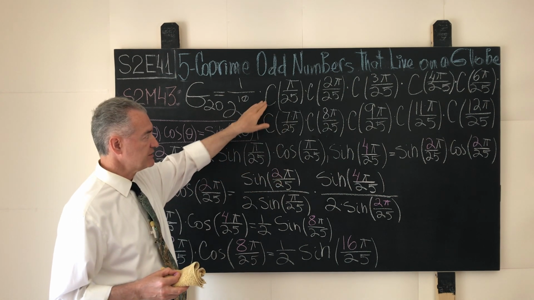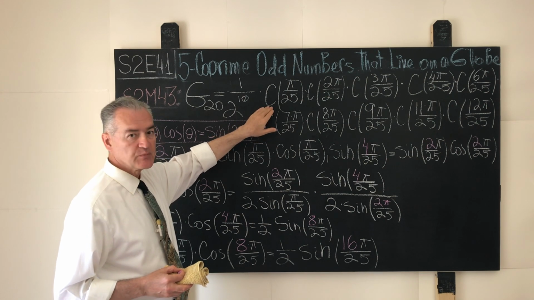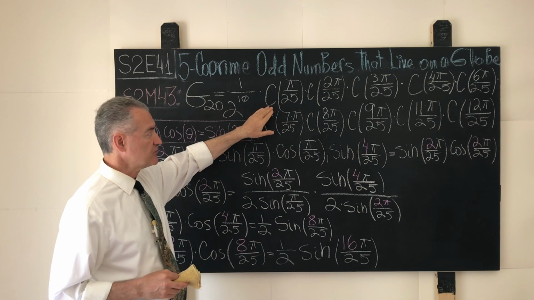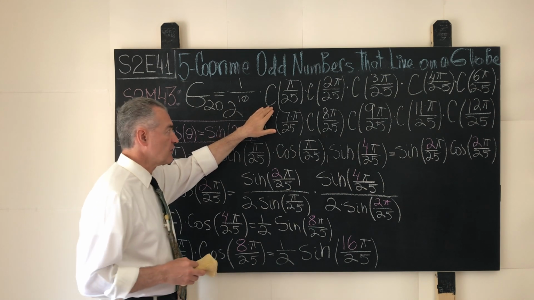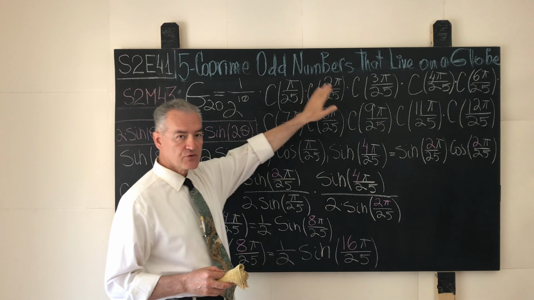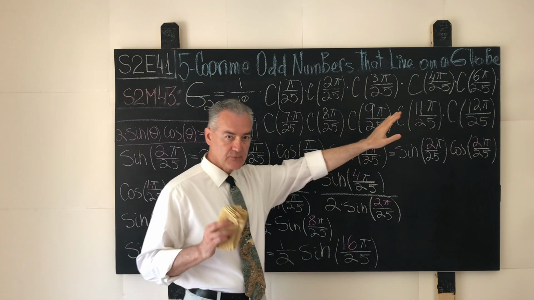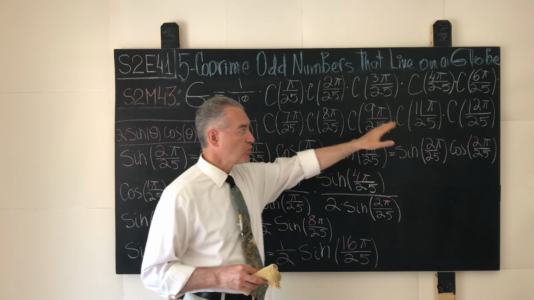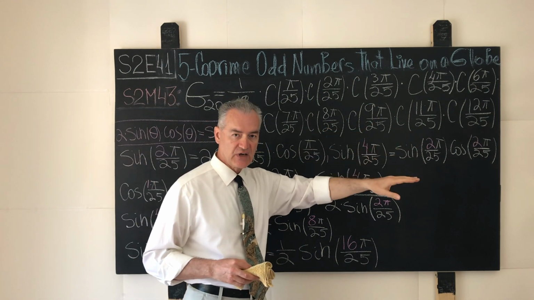We'll all understand what that means. And the arguments to all these 10 factors, each of which is a trigonometric function of cosine, are the following. 1, 2, 3, 4, 6, we skip 5, 7, 8, 9, 11, and 12 times pi over 25.